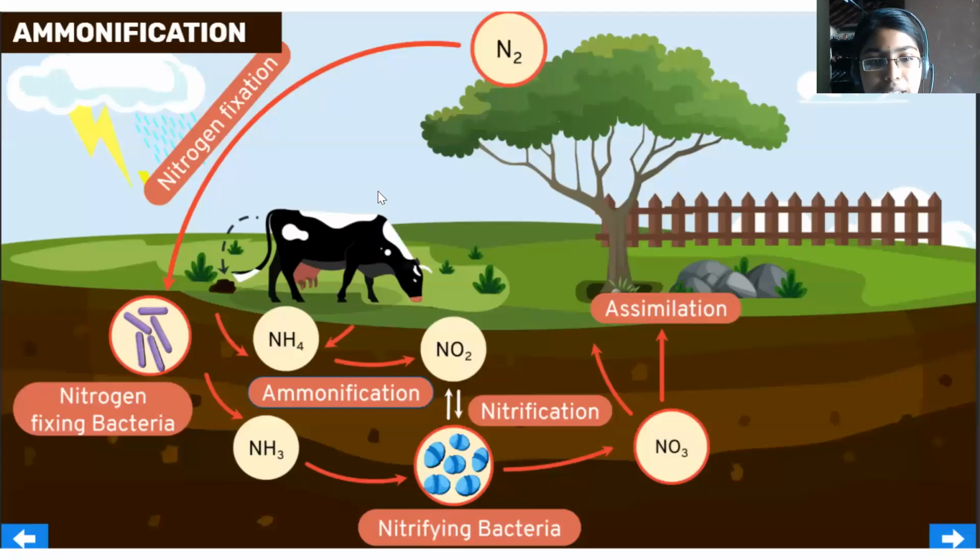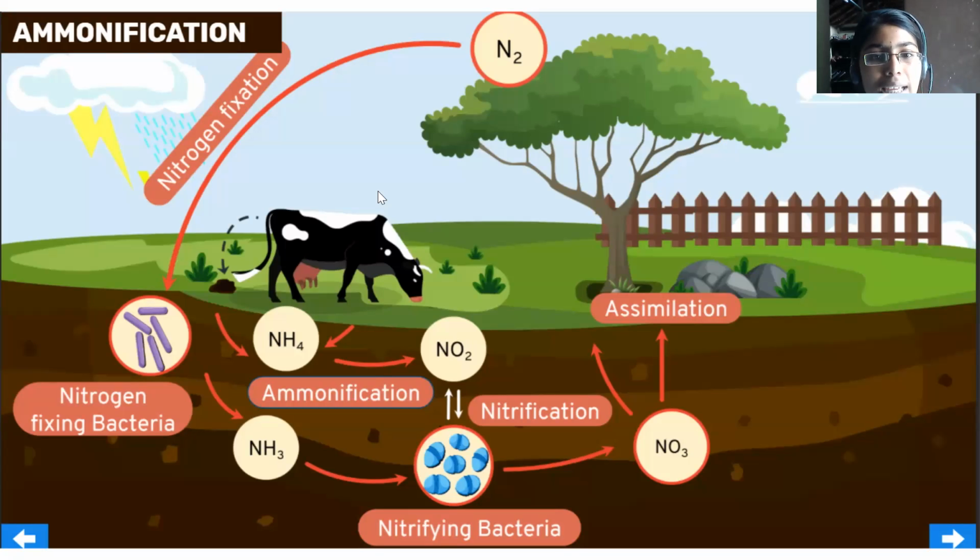And after this, the NH3 particles go through a process called ammonification. In that, they'll be converted into NO2 again, nitrogen oxide. This is also a process involved in that.